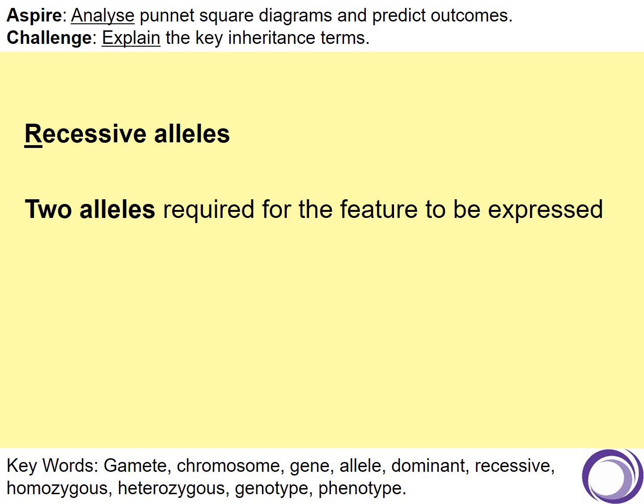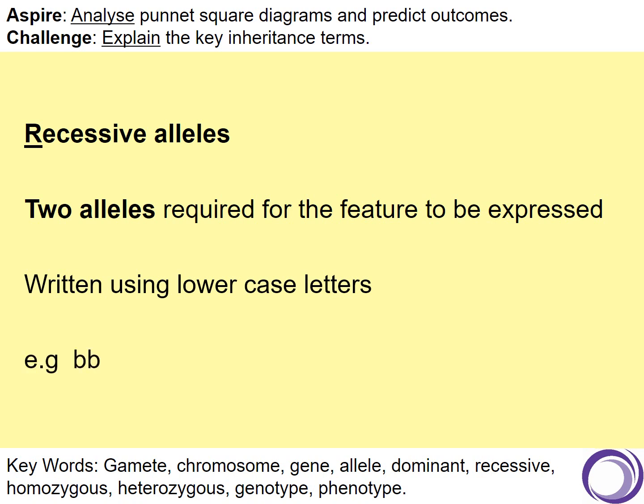If you had blue eyes, the blue allele for eye colour is recessive, so both of those letters would need to be recessive. And we represent recessive alleles using lowercase letters. So in my eye colour example, the person who had blue eyes must have small b, because both of the alleles need to be a lowercase letter for a recessive allele to be expressed.